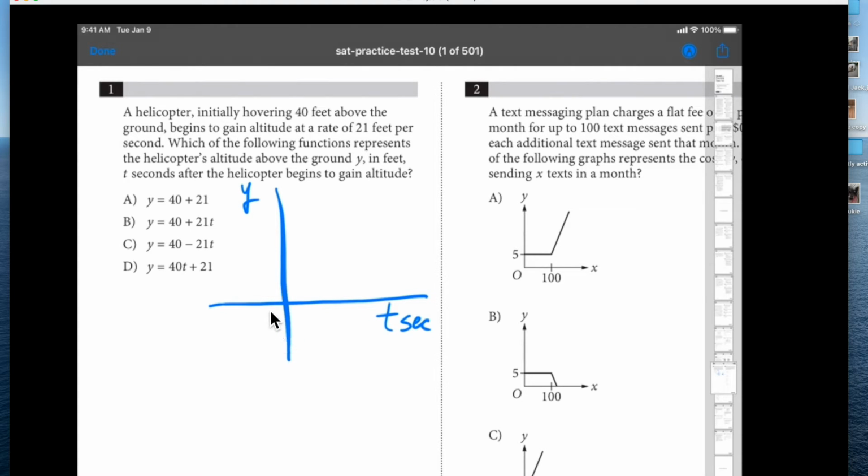That's going to change depending on how far along we are after the helicopter initially begins to gain altitude. Now, the fact that this is height, let me write that down, and the helicopter gains altitude, that means whatever slope we're dealing with is going to be in the positive direction. Okay, so we're going to have something that looks like a positive slope.